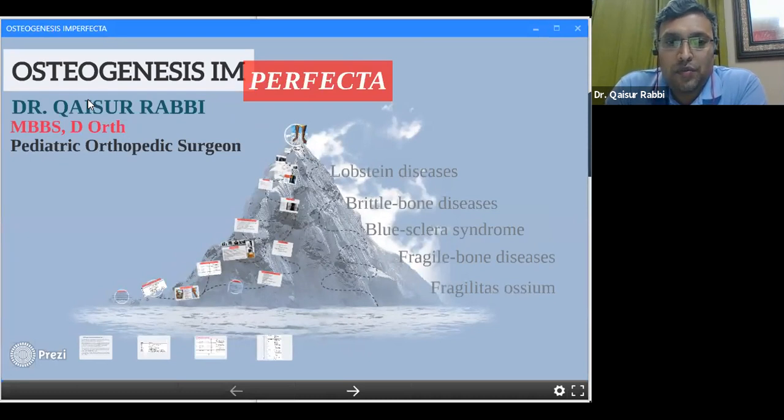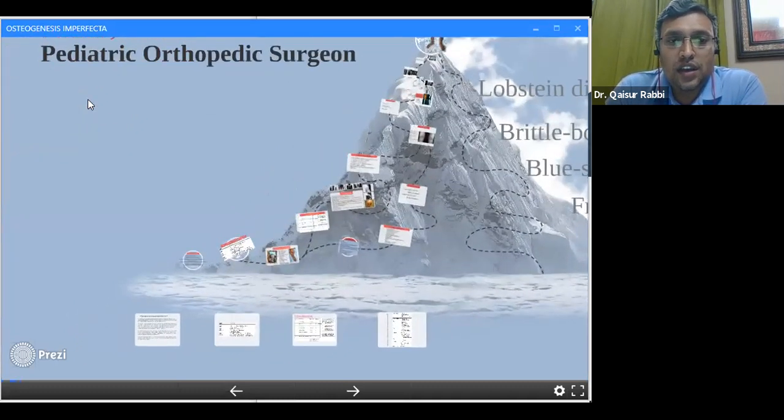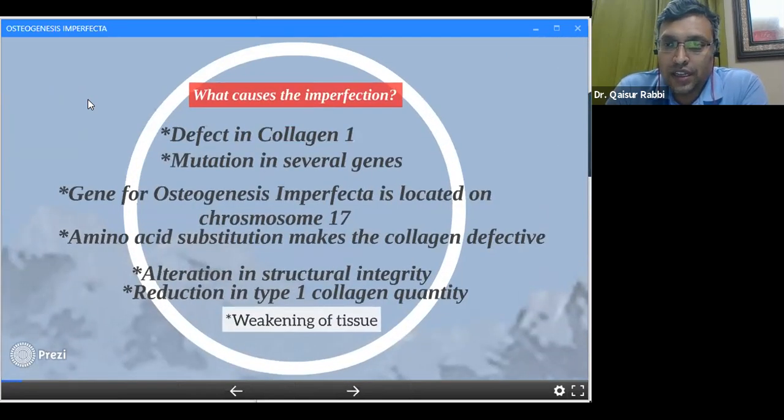In many ways, the core thing is the production of bone is imperfect. And what is making that imperfection? The imperfection is about the collagen that's present in osteoid. When the mesenchymal cell transforms themselves into osteoid, they have defects in collagen 1, the base content of the osteoid cell.